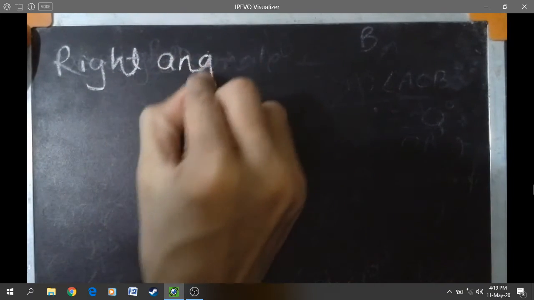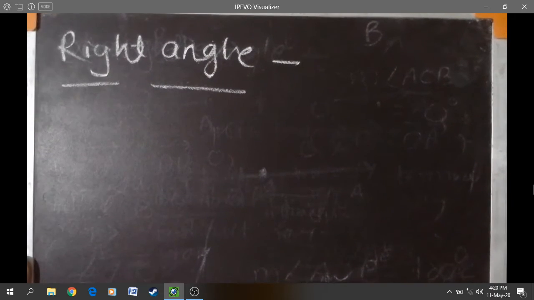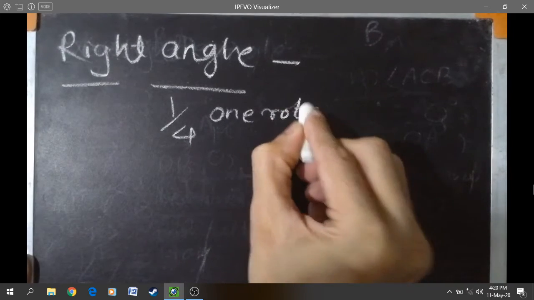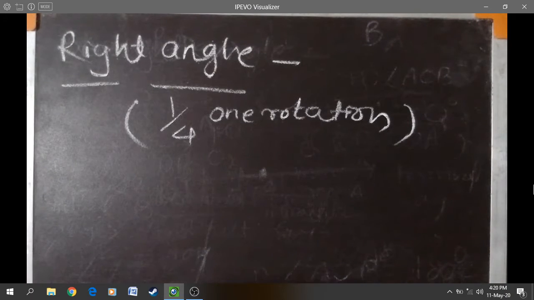Now we have the next angle, which is a right angle. We already know what is meant by a right angle, which has a 90-degree value, but now we will consider it in our directed angle. One-fourth of one rotation is a right angle.